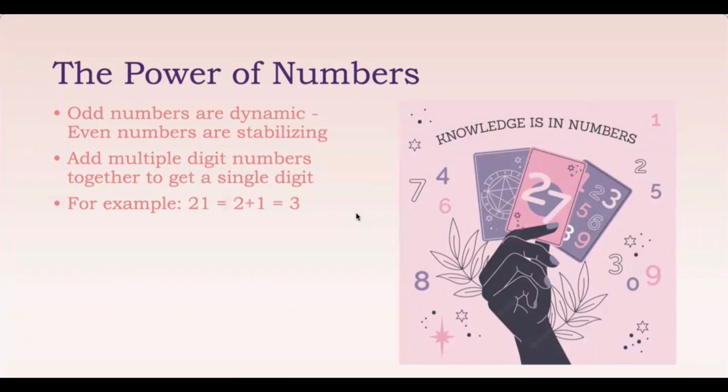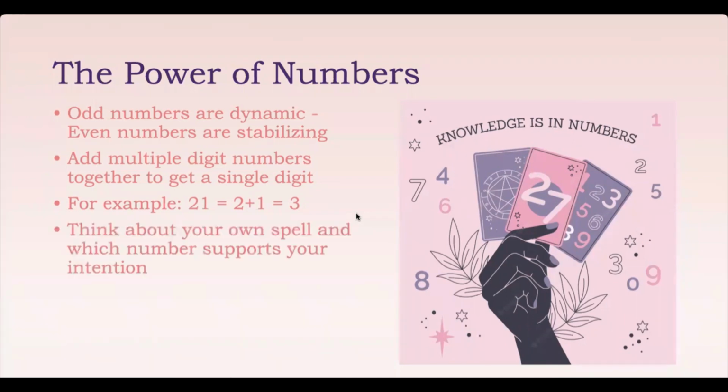So we might use that number 21. We don't have to bring in 21 candles or add 21 herbs or burn it for 21 days. We can reduce that number. And the way we reduce that number is by adding the digits together. So by adding 2 and 1 together, we get the number 3. So 3 will be our key number.